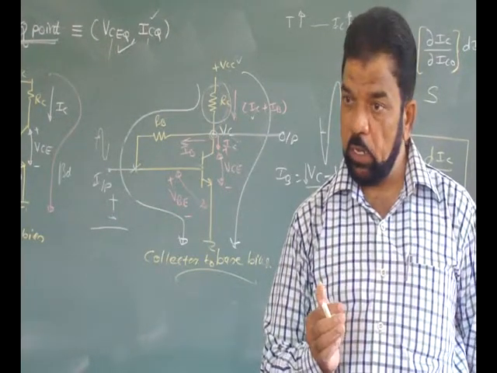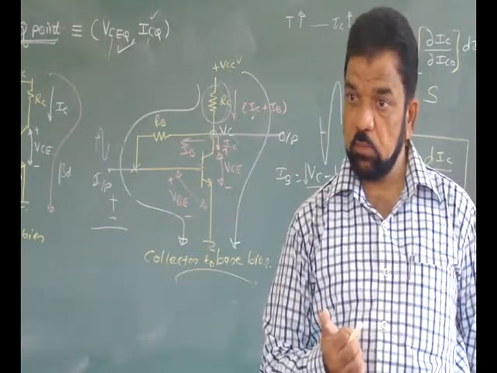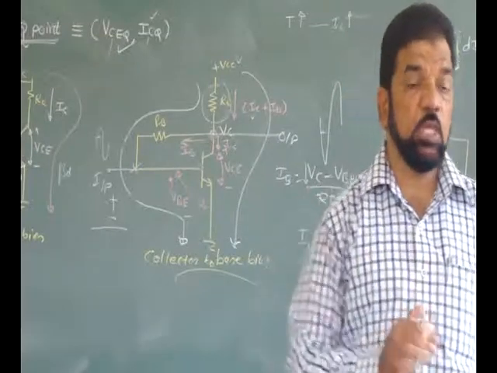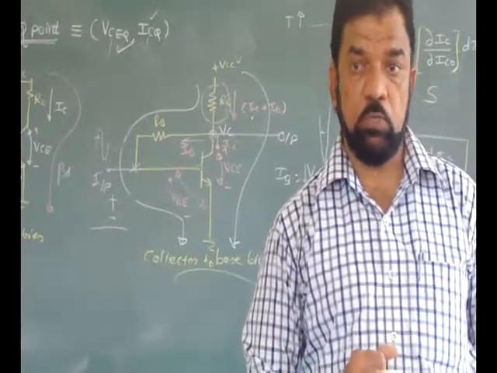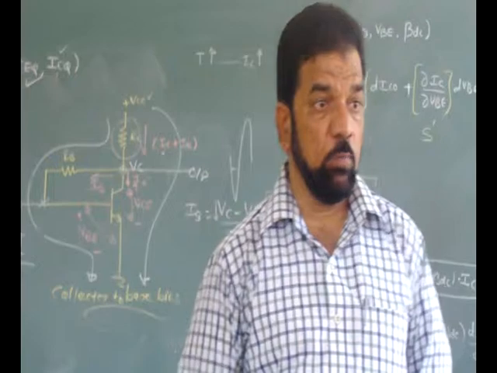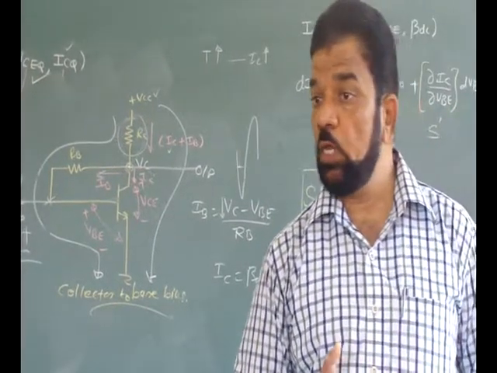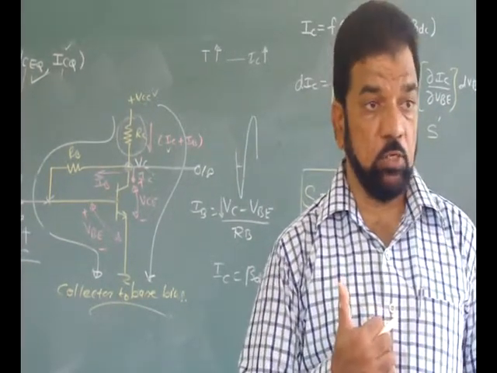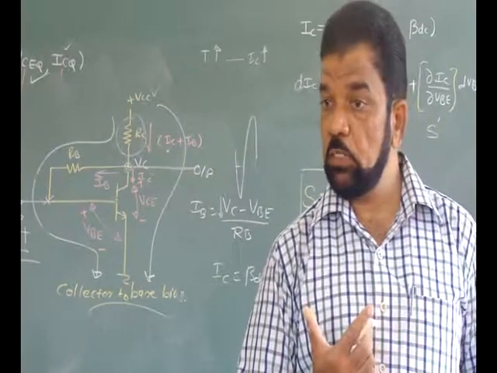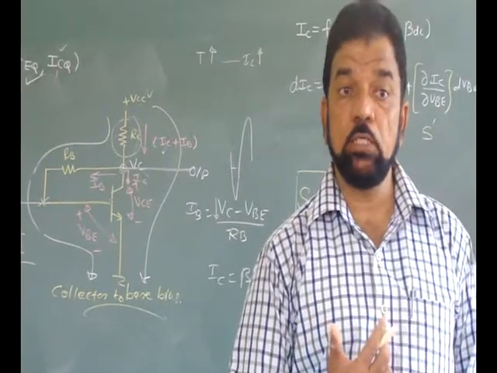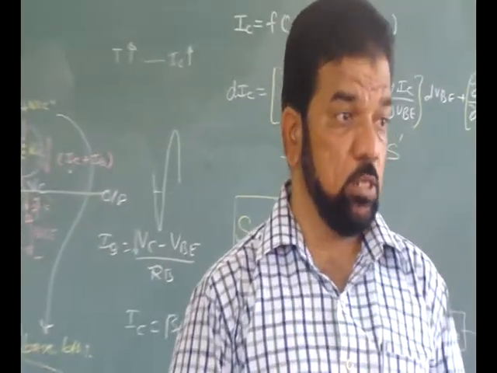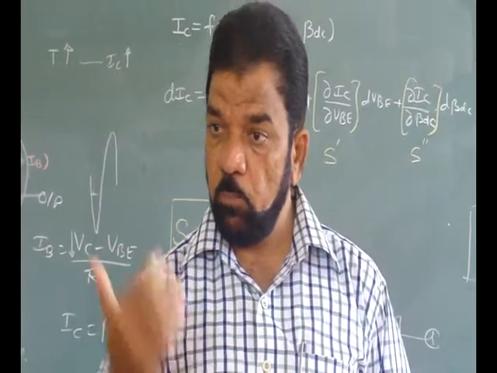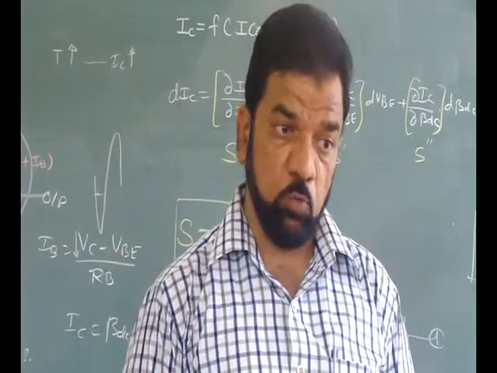Because of negative feedback, gain decreases, but still negative feedback is preferred, because that negative feedback gives various advantages like stability, decrease in noise, decrease in distortion, increase in bandwidth, and so on. Number of advantages are there of negative feedback.